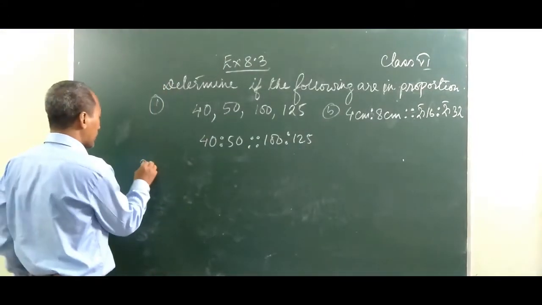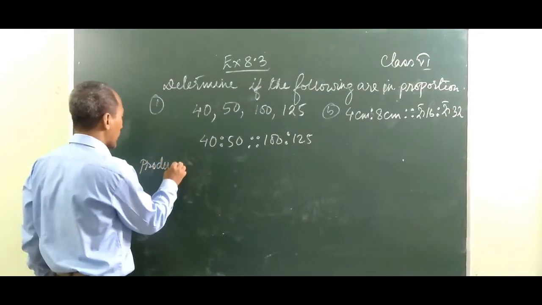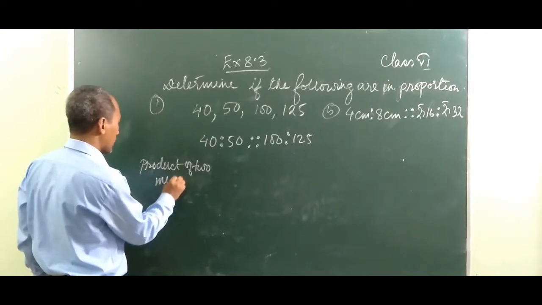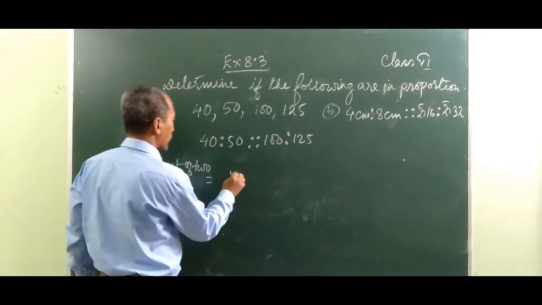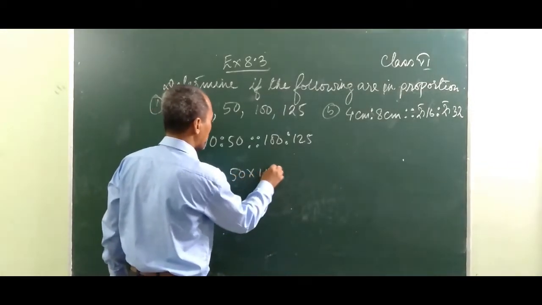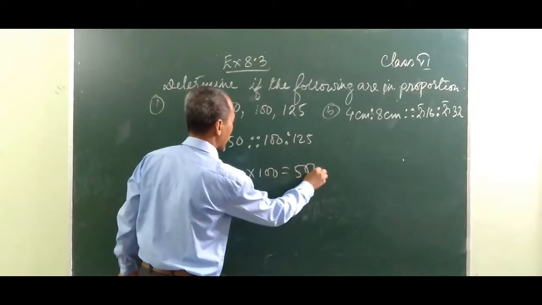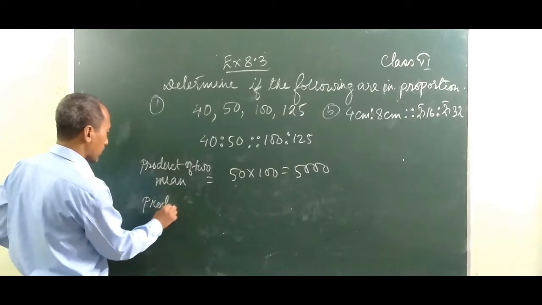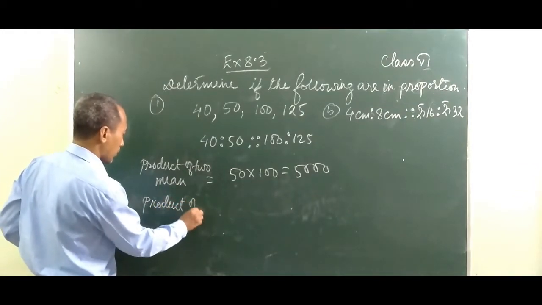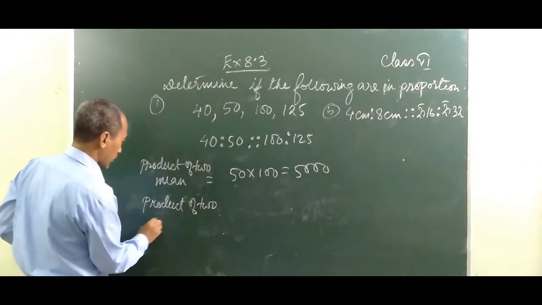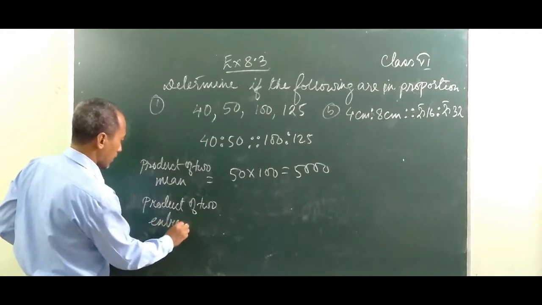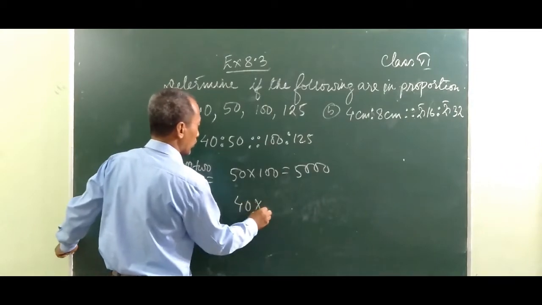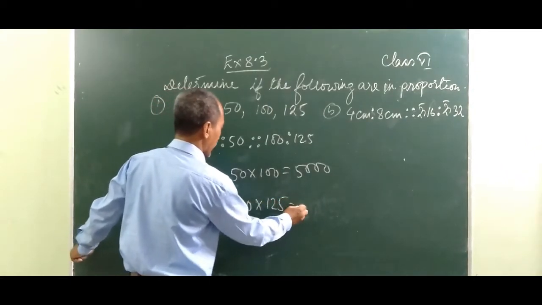So the product of the two means is 50 into 100, which is 5000. The product of the two extremes is 40 into 125.